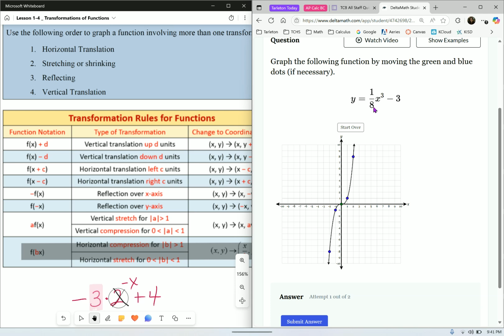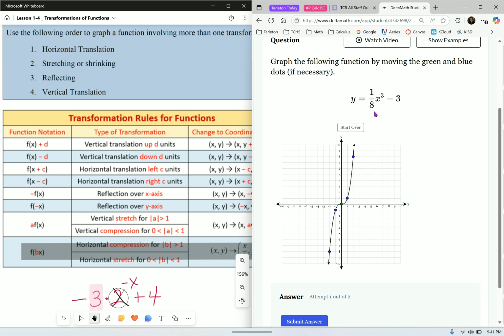So here's another example. First, we do the stretch shrink coefficient. In this case, it's going to compress. It's going to shrink. So 1/8 means divide by 8. So which one of these blue dots has a y value that is easily divided by 8? Well, it's either going to be this one, 8, or -8.